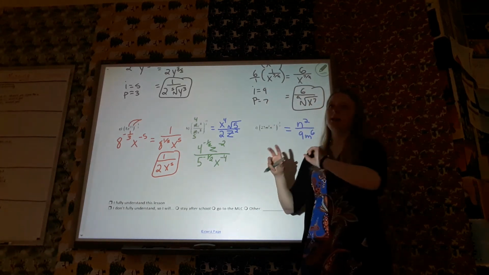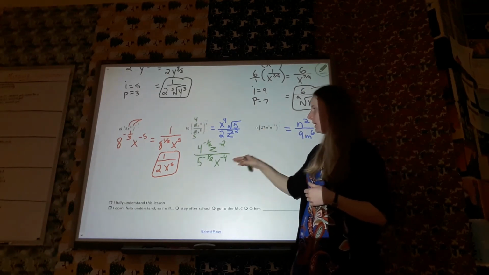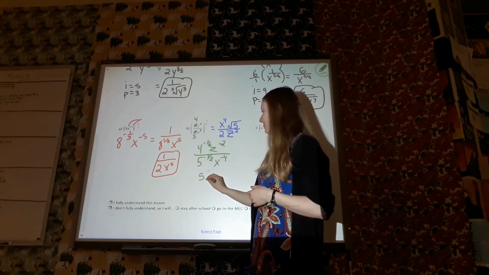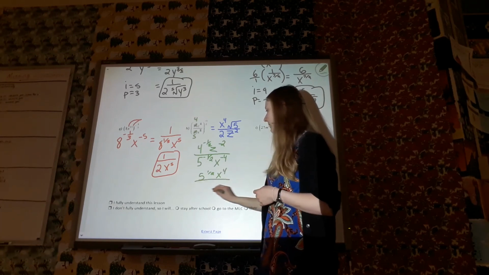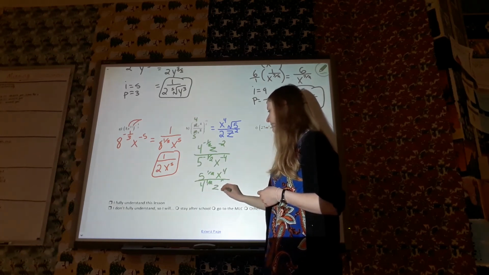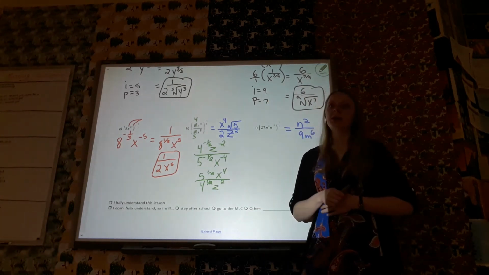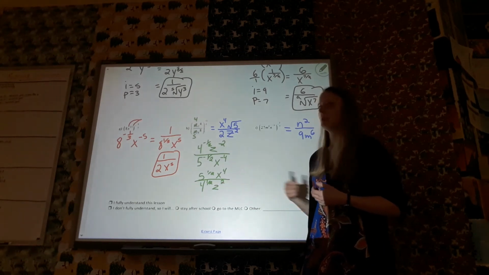Because everything's negative, essentially both the top and the bottom have to switch. Whatever's on the bottom goes to the top, top goes to the bottom. And then we would have 5 to the positive 1/2, x to the 4th, and then 4 to the positive 1/2, z squared. Now, 4 to the 1/2, you can put that in your calculator really easily. That's 2. That's where the 2 came from, 2z squared.